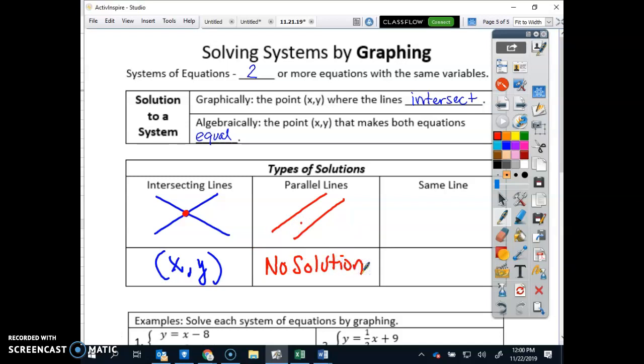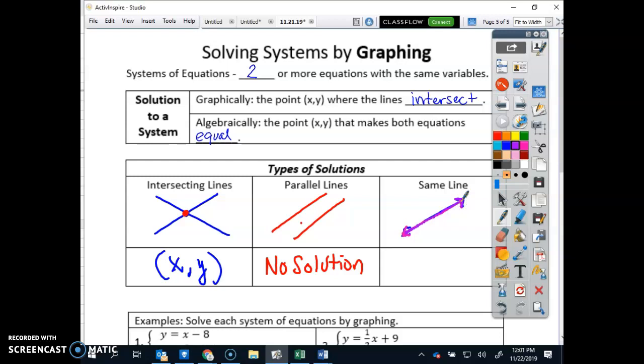And if it's the same line, one on top of another, let me make it pink. So, one on top of each other, the same line, how many solutions does it have? Let's count them. 1, 2, 3, 4, 5, 6, 7, 8, 9, 10, 11, 12. Are you guys still counting? How many solutions is that? The arrows are going to keep going and going forever and ever.